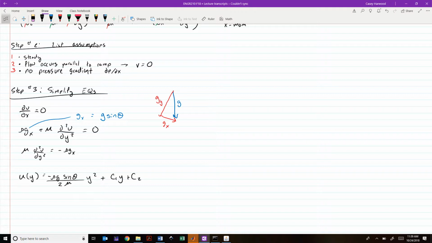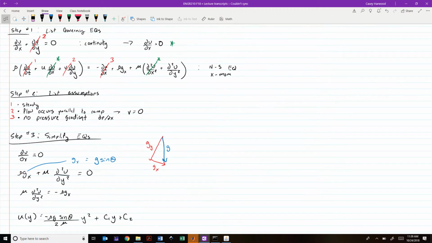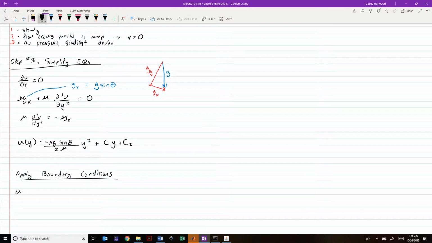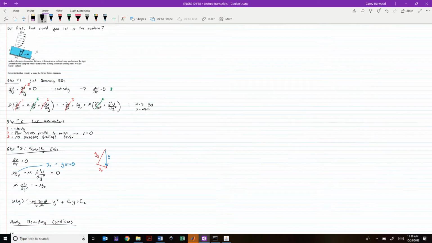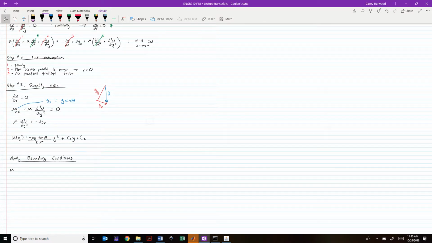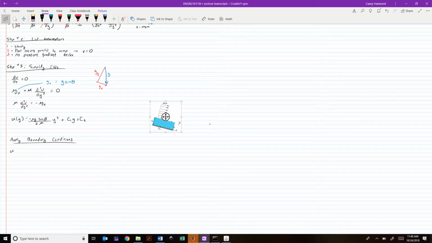So what are the 2 boundary conditions that we could use to find those? Let me go ahead and copy this and bring it down here.